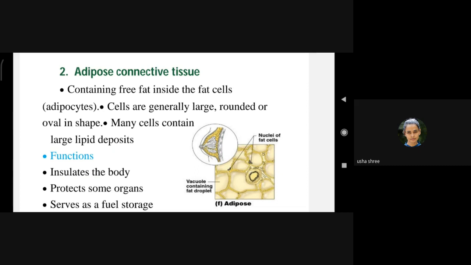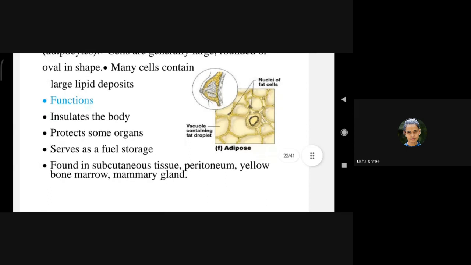Their functions are to insulate the body, protect some organs, and serve as fuel storage. It is found in subcutaneous tissue, peritoneum, yellow bone marrow, and mammary gland. Generally, these are fat tissue. So these are the functions.